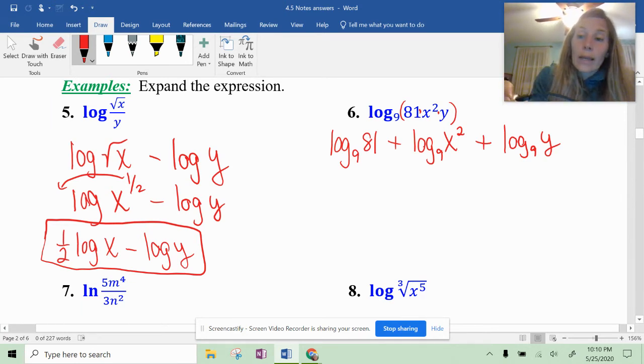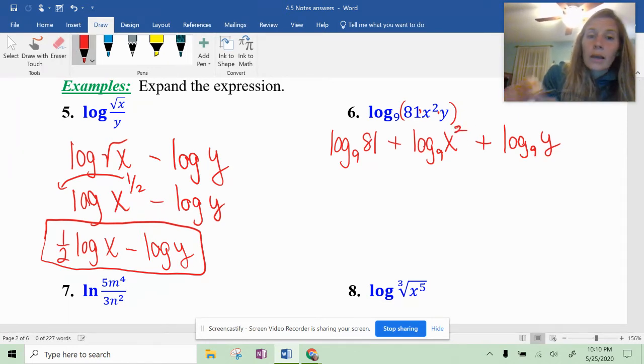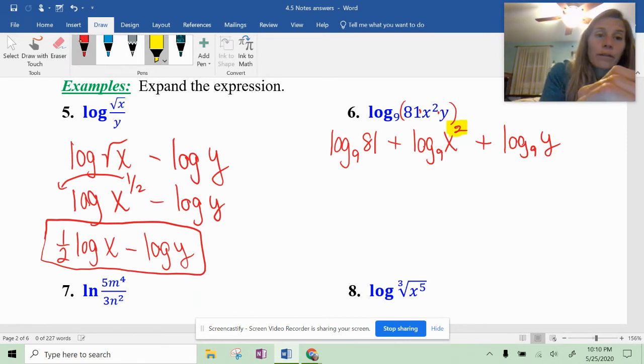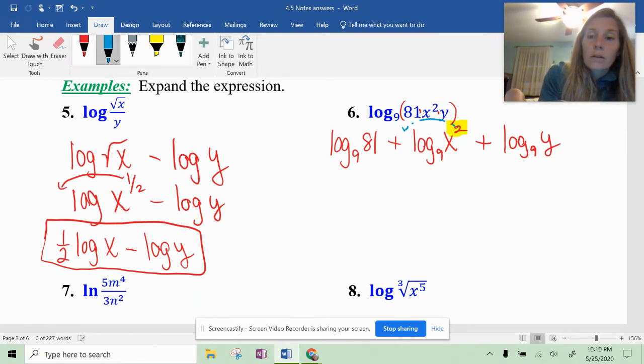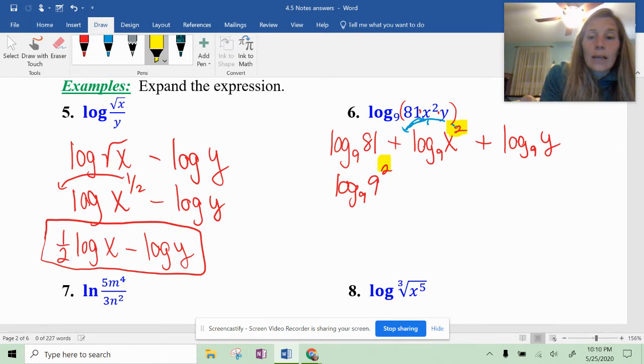So now at this point, you know that you can take this little 2 here and bring it out to the front. And then this 81, we could rewrite. So I'm going to make this log base 9 of 9 squared. So now I can take this 2 and bring it out front.